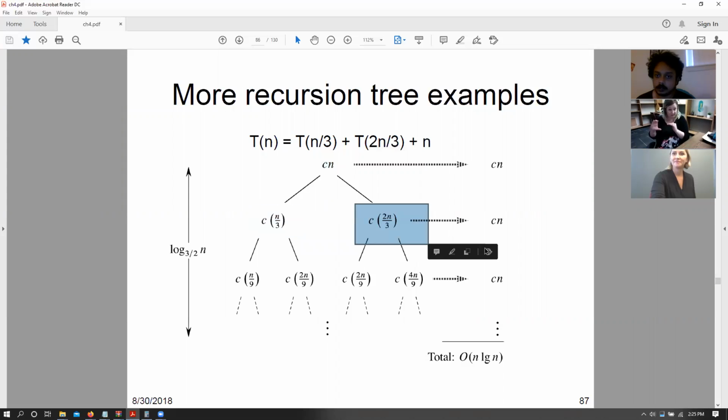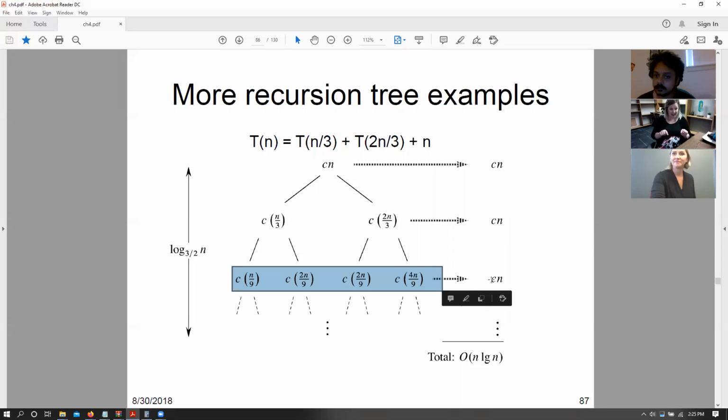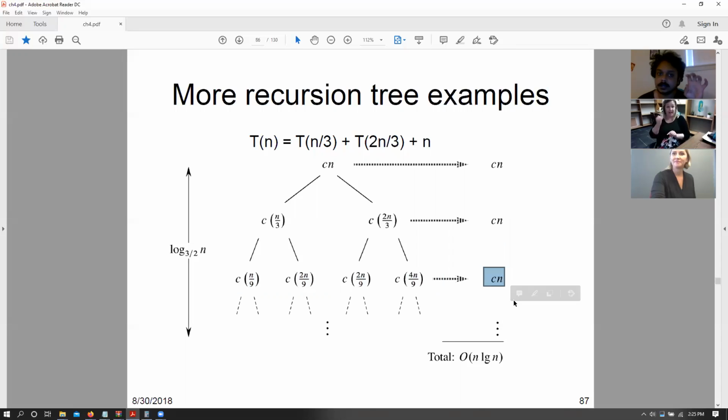Cn by 3 and C2n by 3 summed would also be Cn. And again, summation of all of these, merging them together, would again give us Cn, right? Because each time we are still bothered with the entire array, and then we are merging them together to get the same complexity as Cn.